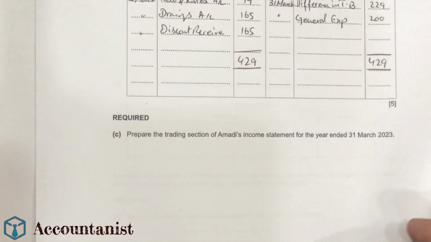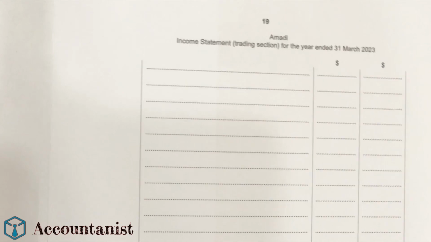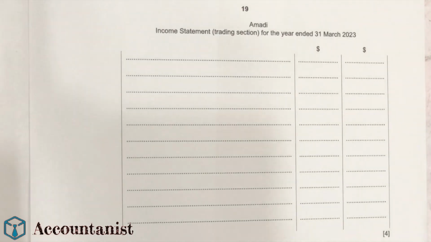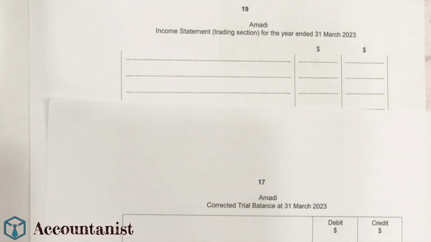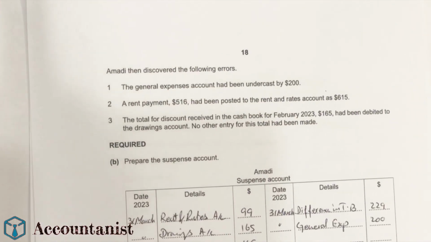So we have to prepare the trading section of the income statement. We can use the data from this, as well as the corrected trial balance, as well as the errors that we have solved.